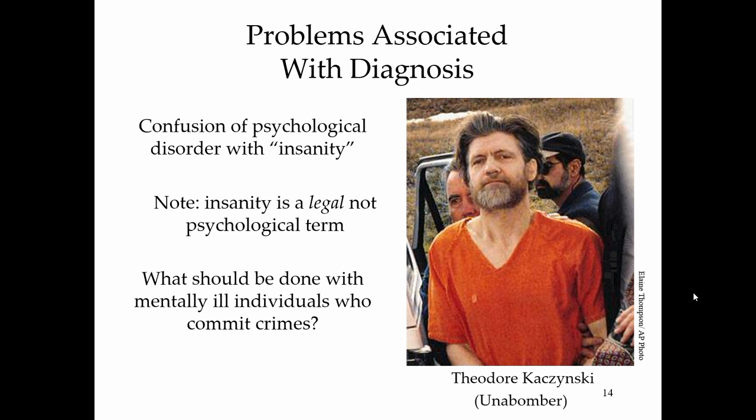Now, how many people with psychological disorders will know that they're doing something wrong when they commit a crime? The vast majority. Even people with severe psychological disorders, like Ted Kaczynski that you see here. He was called the Unabomber and was mailing bombs from his cabin out in the woods. He could have been diagnosed with, in fact was diagnosed with, numerous different psychological disorders, some very severe ones.